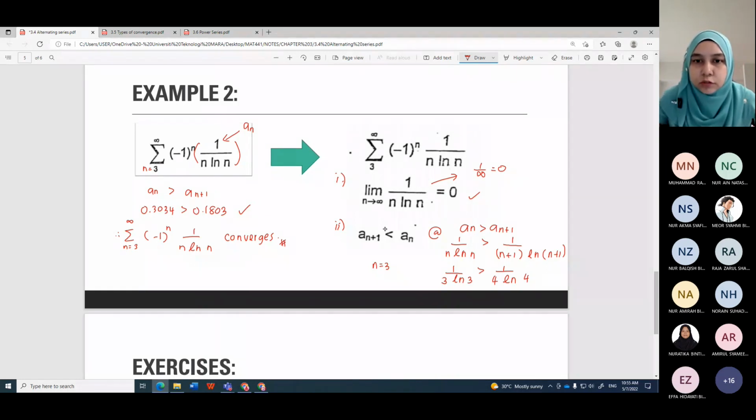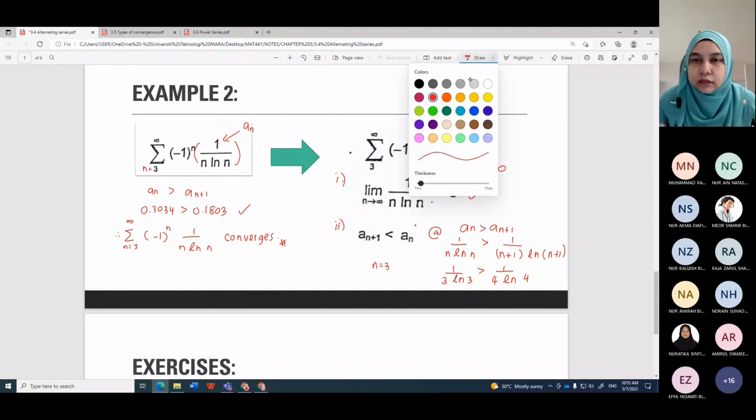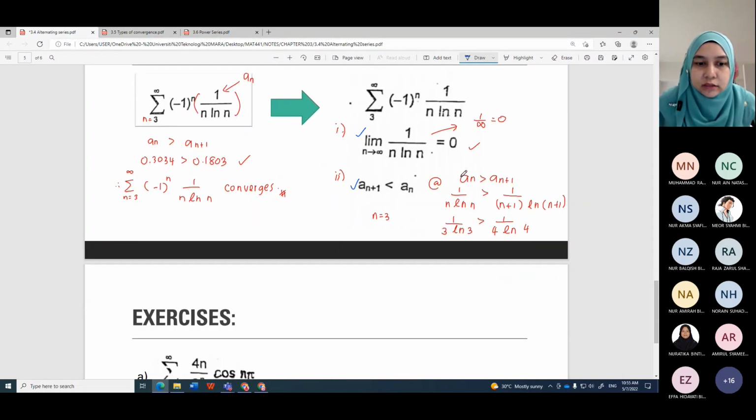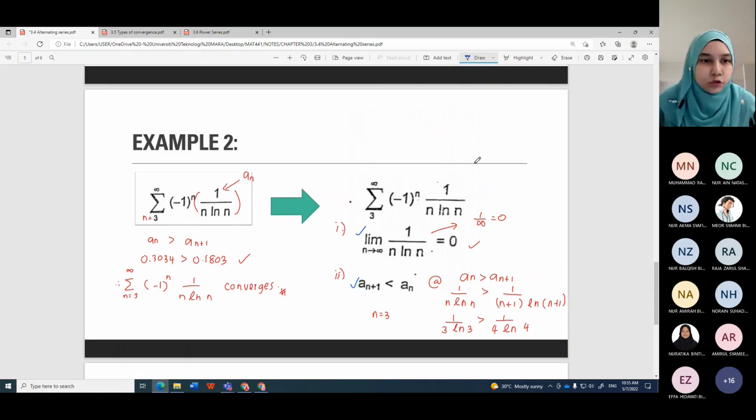So, you perlu tahulah dua teorem ni untuk AST. Kita perlu gunakan teorem ni untuk next subtopik ya. Untuk ni AST. Okay, ada soalan tak? Okay, so ni contoh untuk AST, Alternative Series Test.